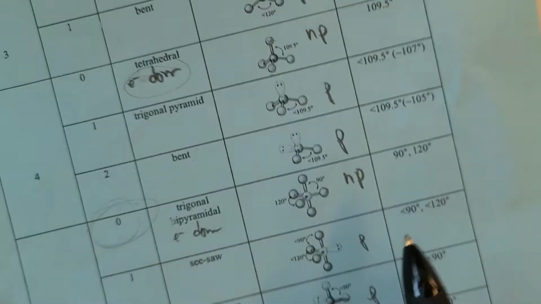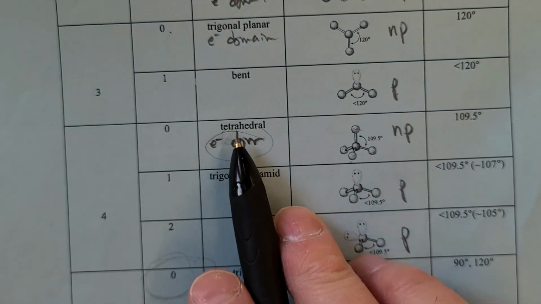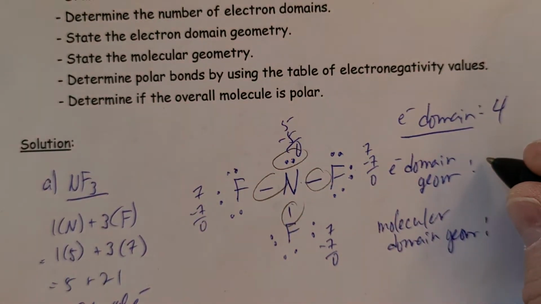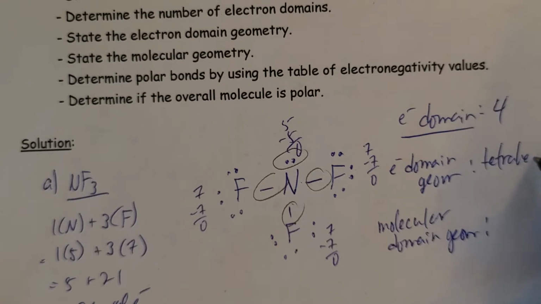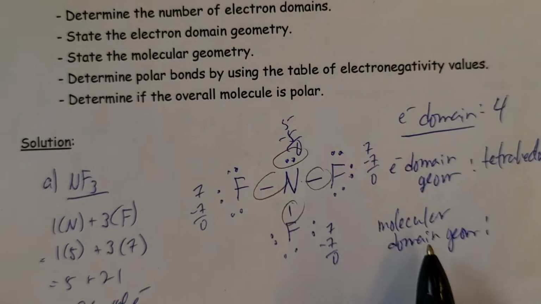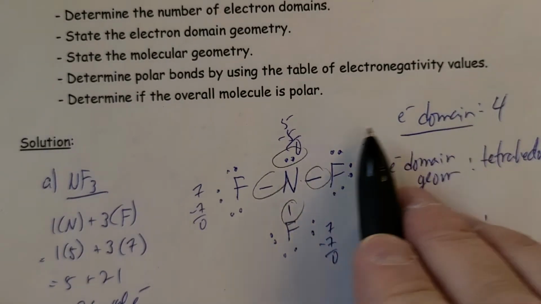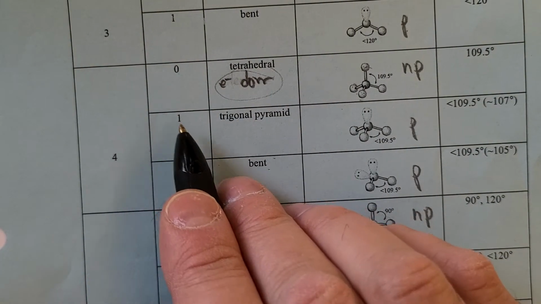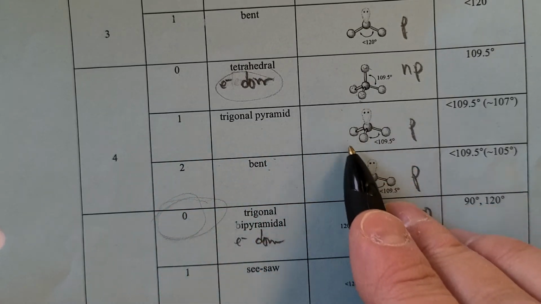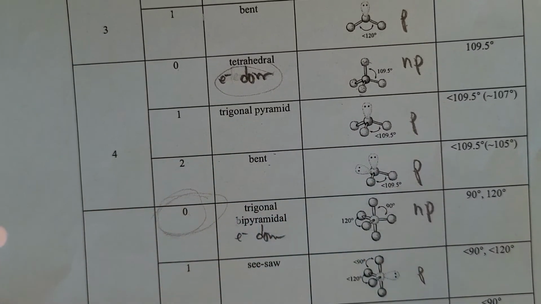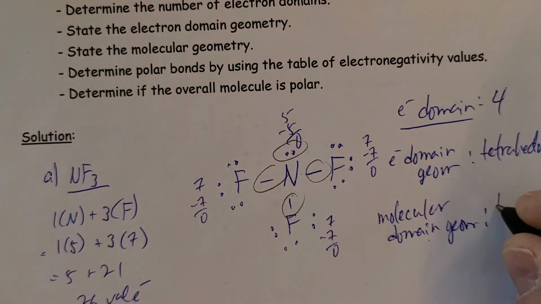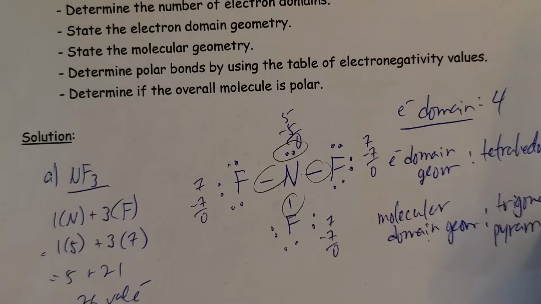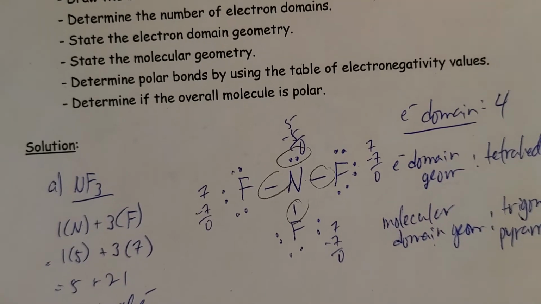The electron domain geometry considers all 4 of those important, so that would be a tetrahedral shape. But if we look at the molecular geometry, out of those 4 domains, 1 is non-bonding, and you can see it does look like that. Trigonal pyramid, or trigonal pyramidal shape.